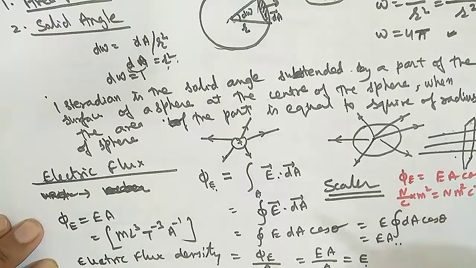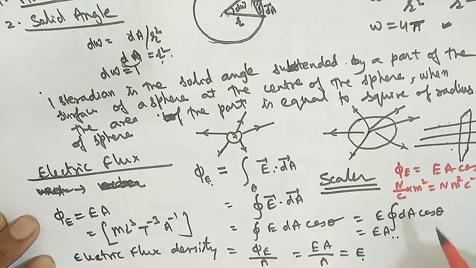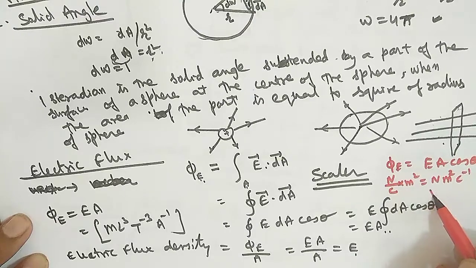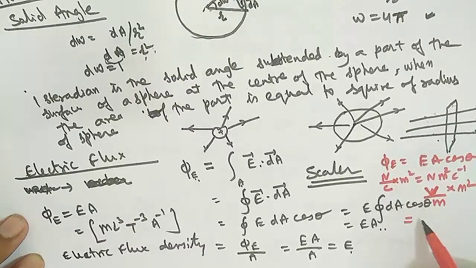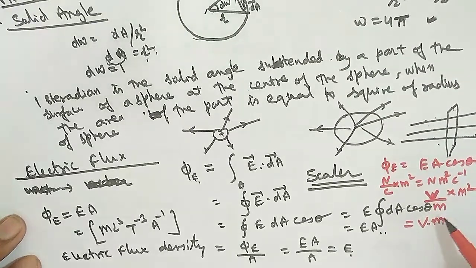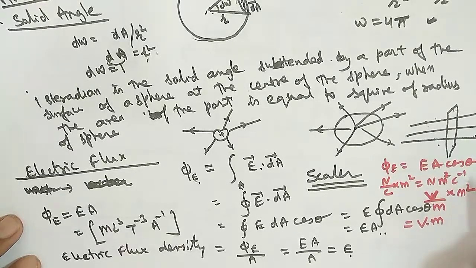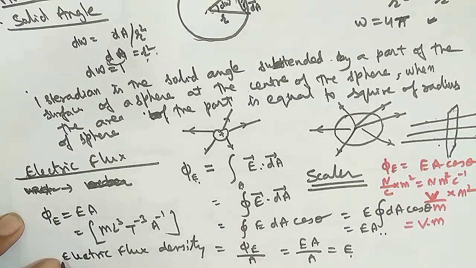In another way, because the unit of the electric field is also volt per meter, multiplied by meter square, its other SI unit is volt meter. So dear students, there are two units of the electric flux: Newton meter square per coulomb and volt meter.